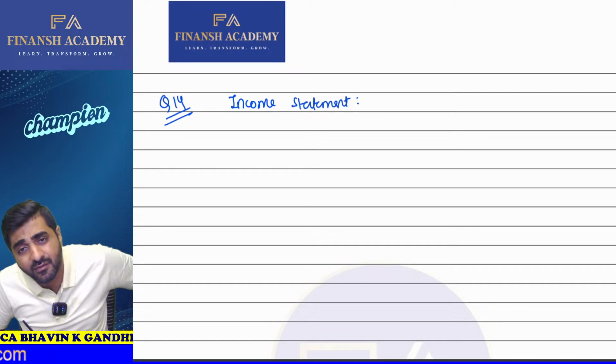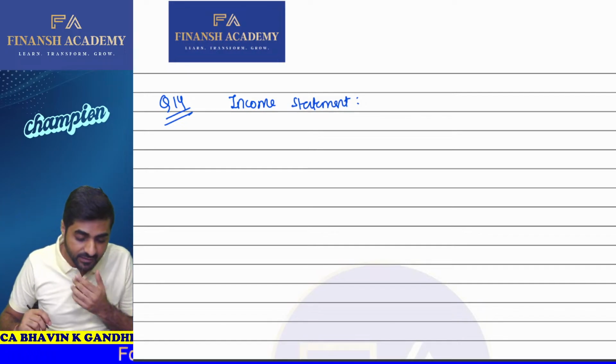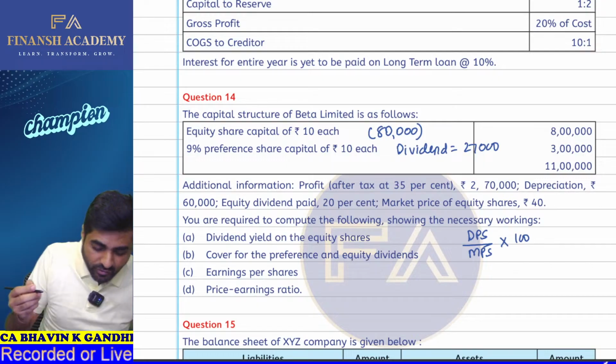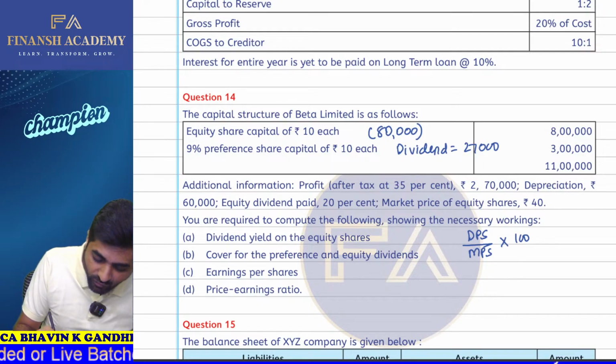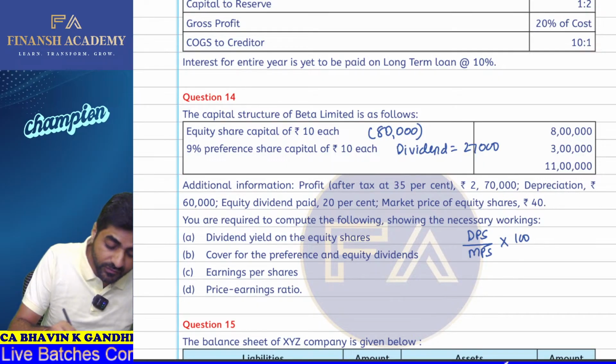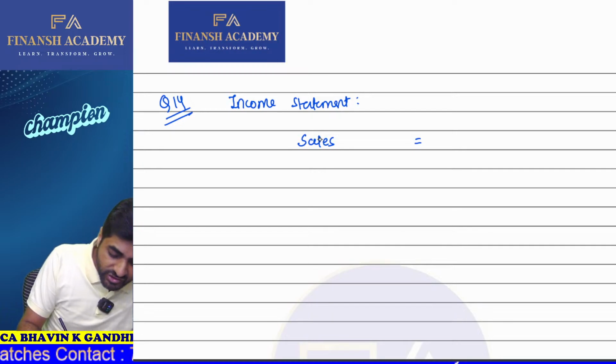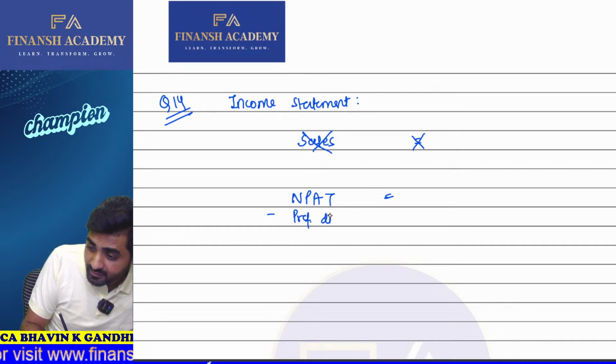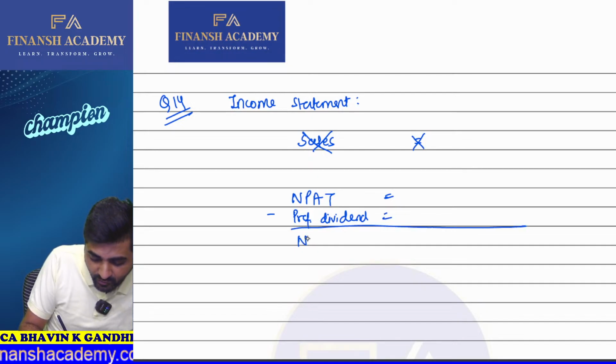So how will we start with the income statement? We will be starting with, first of all, sales. But here, guys, I don't think we require all those things. We have already NPAT available. So instead of preparing the income statement from sales, we know that NPAT minus preference dividend gives net profit for equity shareholders.